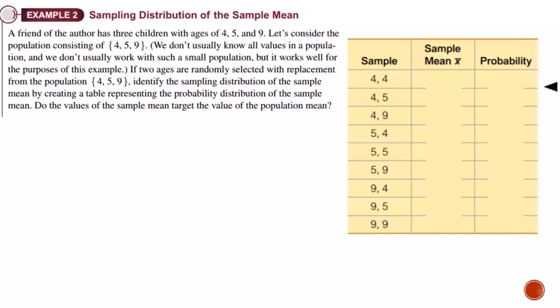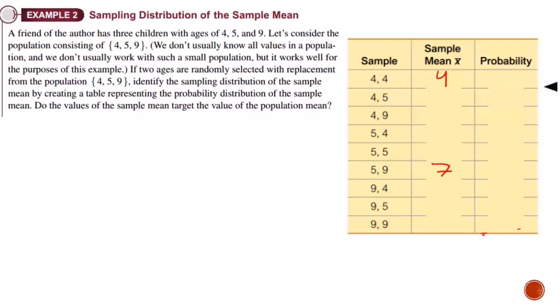For each of these, we can find the sample mean. If I choose the 4-year-old twice, what would be the mean age of the people in that sample? That one's really easy: 4. Now let's look at another one. If I chose the 5-year-old the first time and the 9-year-old the second time, what would be the mean age of that sample? 7.